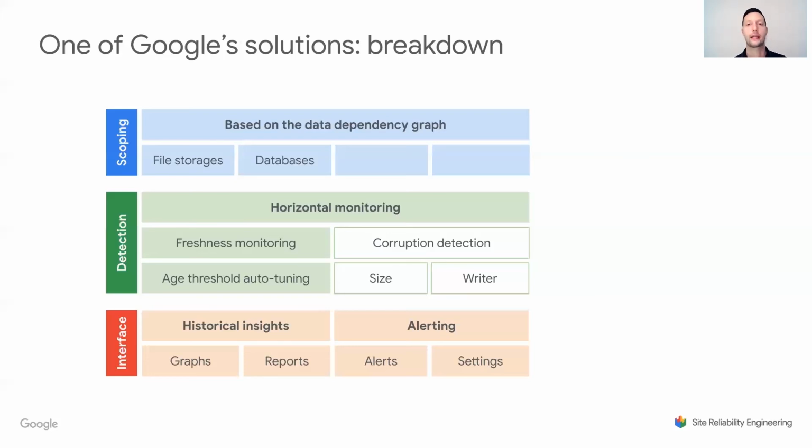In the detection layer, the horizontal monitoring does the major job by leveraging the gathered metadata for freshness monitoring and for age threshold auto detection. The same approach can be applied for corruption detection based on size and writer.